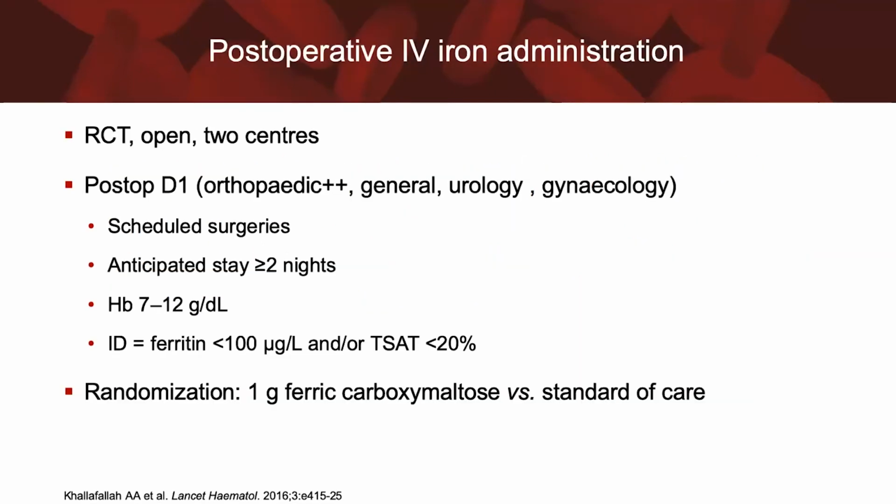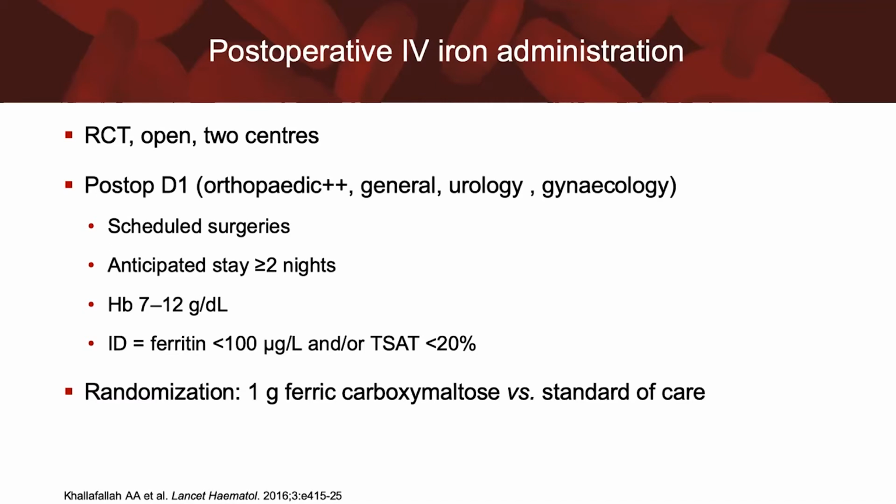In this randomized control study of postoperative IV iron administration, patients were included on postoperative day 1 after orthopedic, general, urology, or gynecology surgery. They were included if they had a hemoglobin level between 7 and 12 grams per deciliter, and if they had a ferritin below 100 micrograms per liter or a transferrin saturation below 20%.